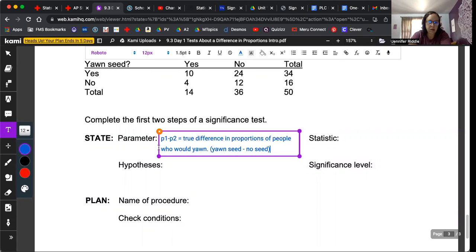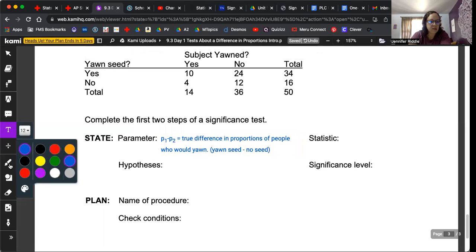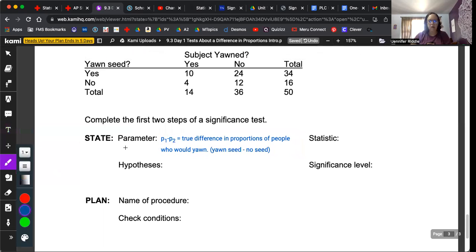All right, so then let me make sure I have all my notation right. This has got to be a subscript as well as this. Okay, so then my statistic is going to be my p hat 1 minus my p hat 2.